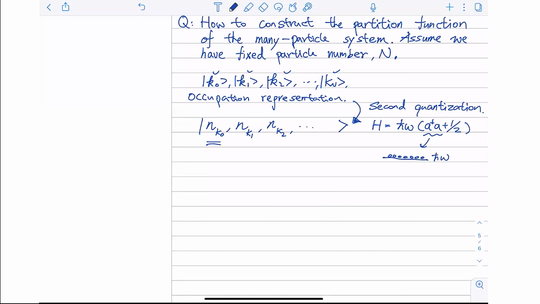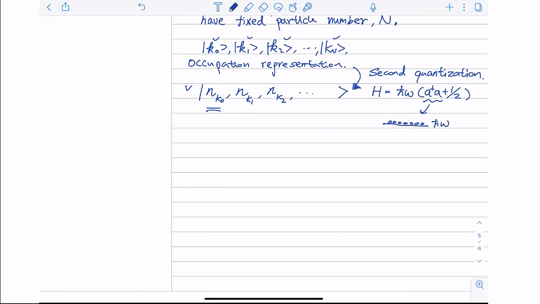So why is this occupation representation going to be useful? Because if we write down this occupation number representation in this way, then the total number is constrained to be the summation over all the possible momenta k_j. So this is the constraint for the system with fixed particle number.